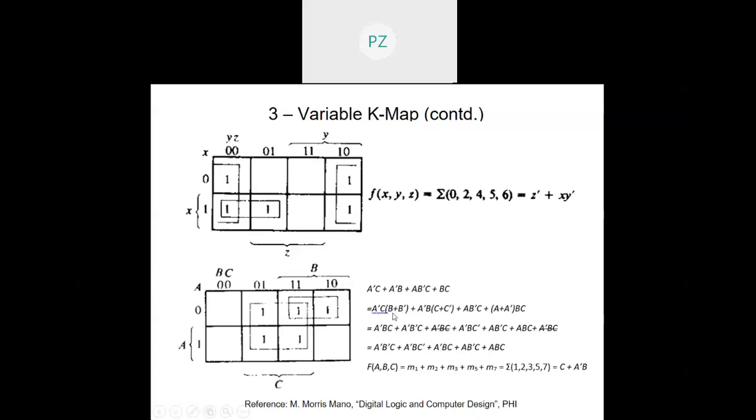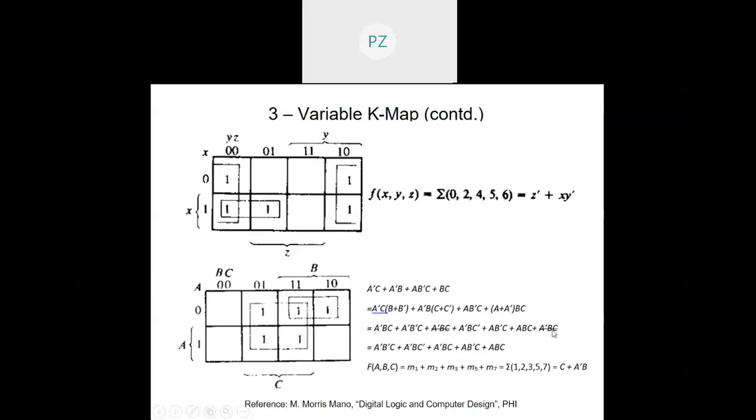So let me put it in the proper sequence. A dash B dash C. Over here it will be A dash BC plus A dash BC dash. Plus this will be copied as it is, AB dash C. Now this will be ABC and this will be A dash BC.